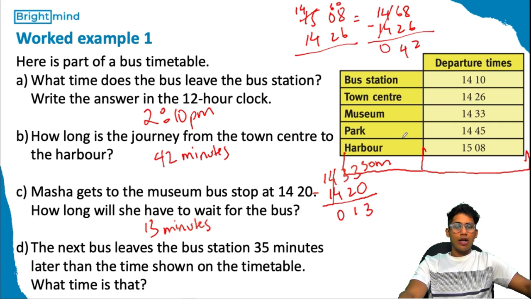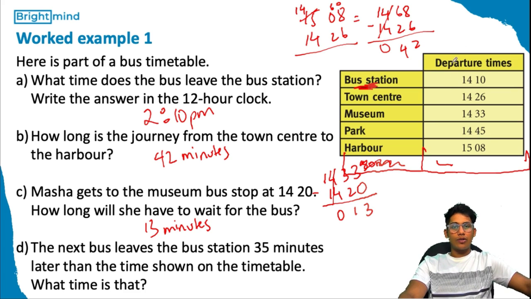I think what they're saying is that the next bus leaves the bus station 35 minutes later than the time shown on the timetable. I think my earlier thinking was incorrect. They're only saying that the bus leaves 35 minutes later than the time that is shown over there.